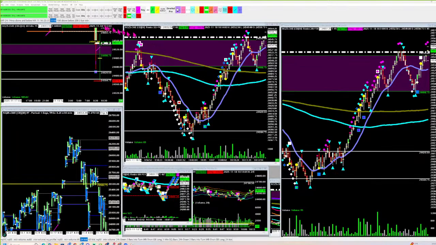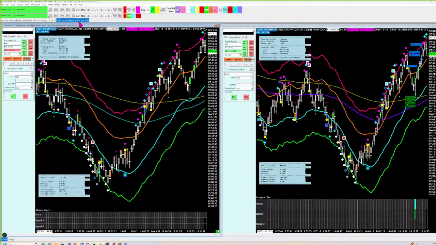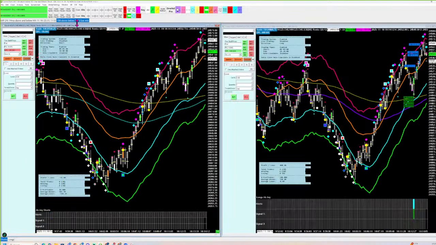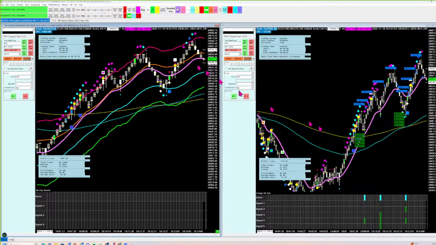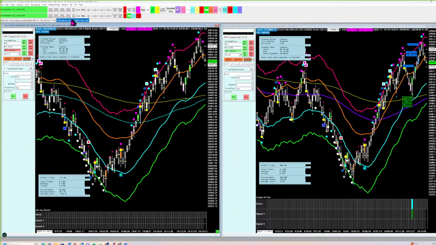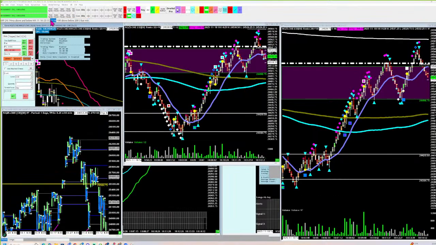The algo should have taken that long. And indeed it did. Should be up about 800 now if you're taking it. Pretty cool, huh? Oh, bang, bang. Look at that. This is on the 24 tickers. Is my number right?